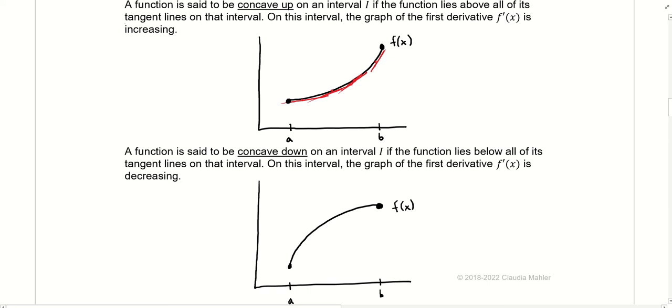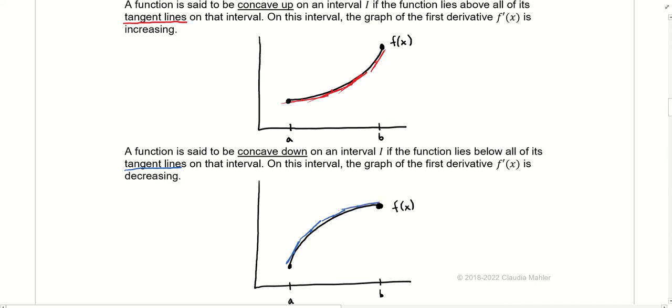Here I drew the tangent lines in red. Here I'll draw them in, I don't know, blue. If I pick just a couple points on this function, here's my tangent line, here's a tangent line, here's a tangent line.